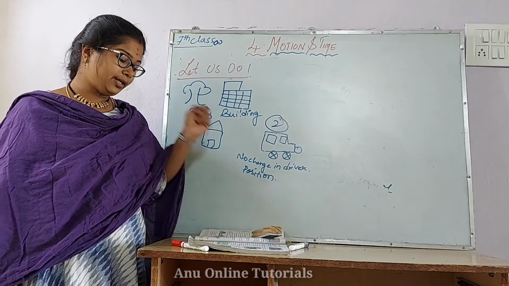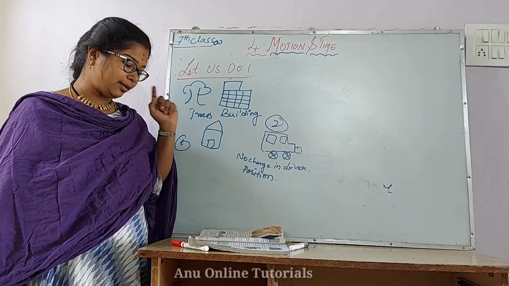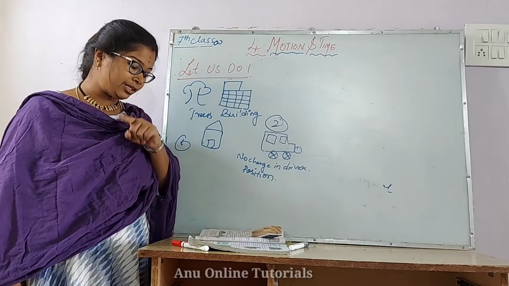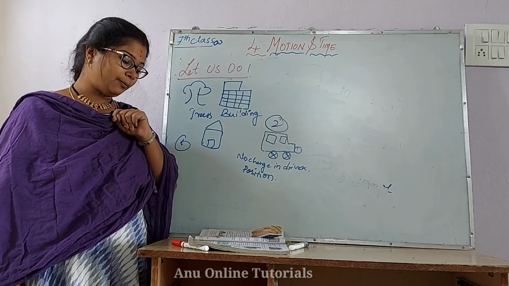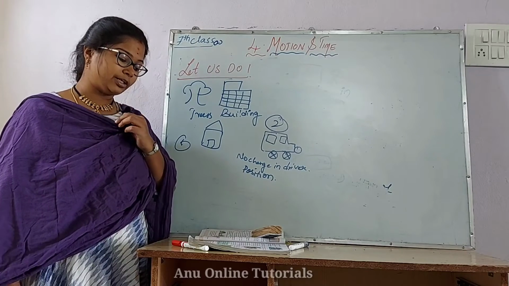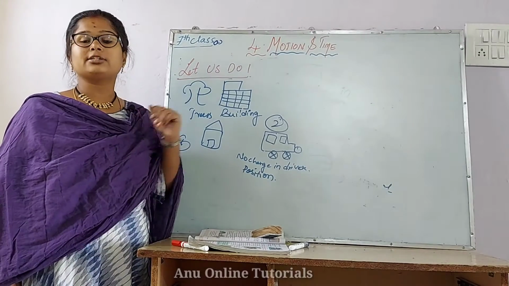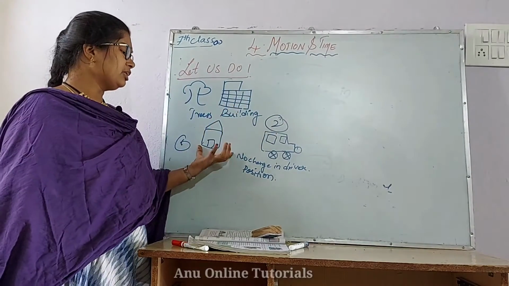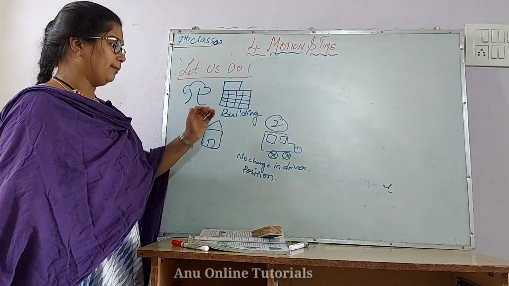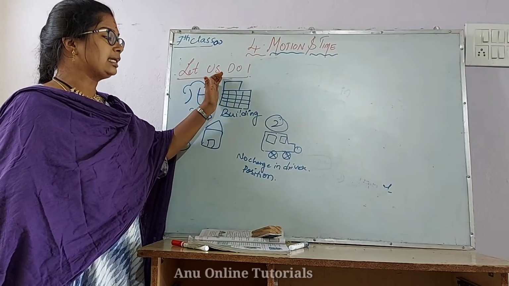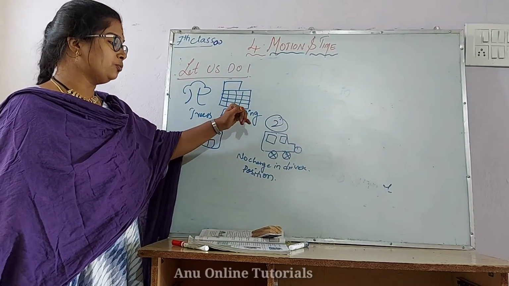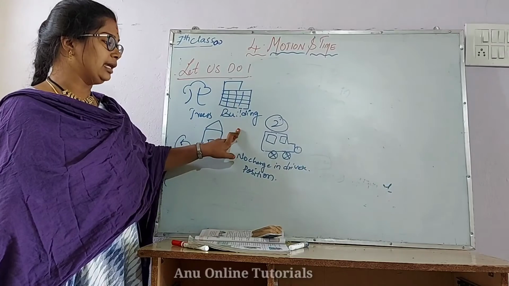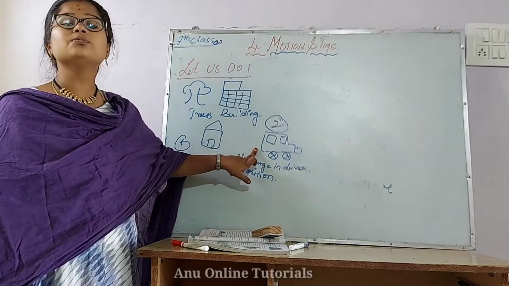That is why you and the driver of the car are at rest with respect to each other. But both of you are in motion with respect to the surroundings outside the car. So as the car is moving, with respect to this building, I say that the car is moving.